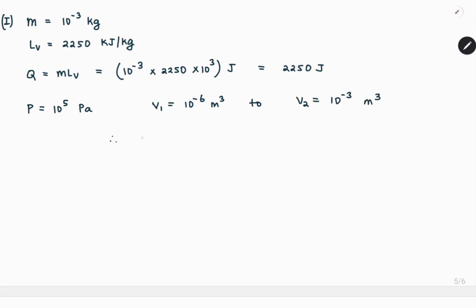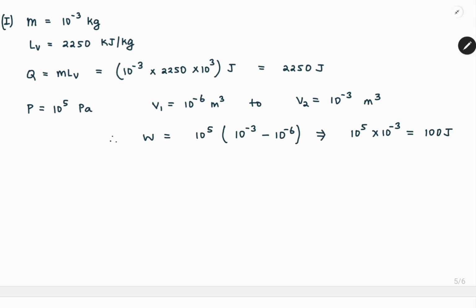So if we calculate the work done in this process, we write it as P times (V2 minus V1). So 10 to the power minus 3 minus 10 to the power minus 6 is not making much of a difference, so we are chopping this off as a very negligible quantity. So we have 10 to the power minus 3 times 10 to the power 5. So we get 100 joule.